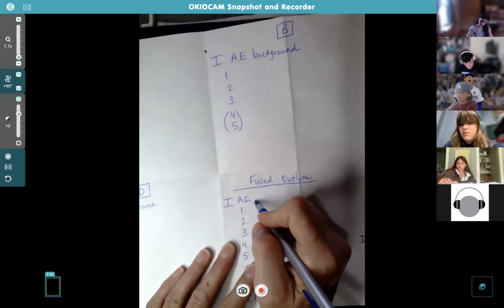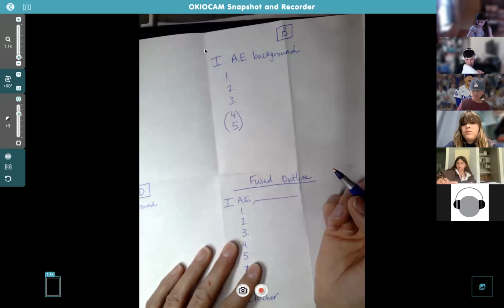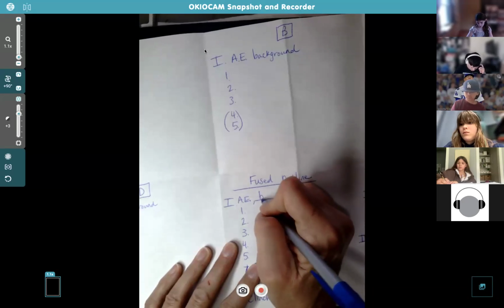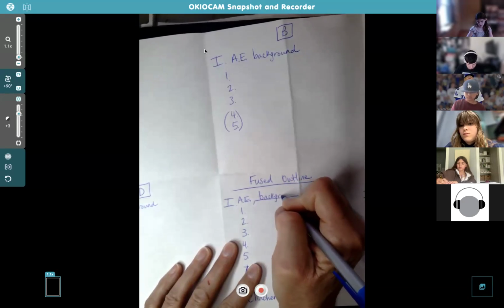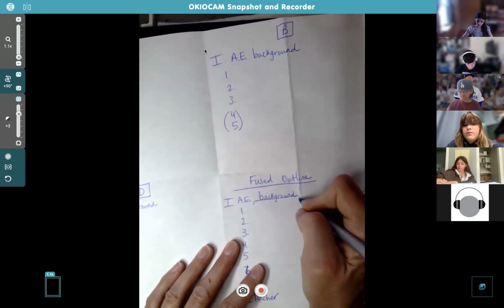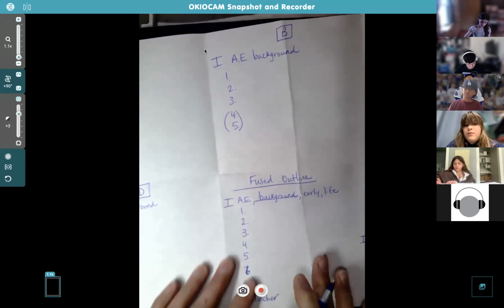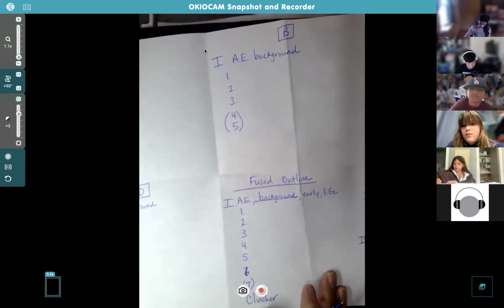You can put background here, but that's an awkward word to use in the paragraph itself. This is just reminding you what the paragraph is going to be about, but you might use something like childhood, or early life, or growing up years, something like that, okay?